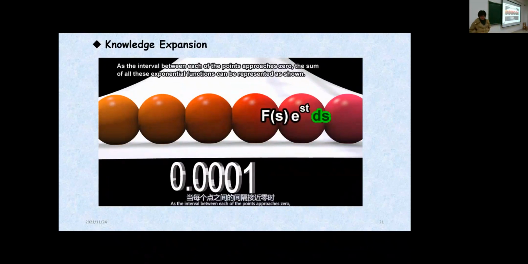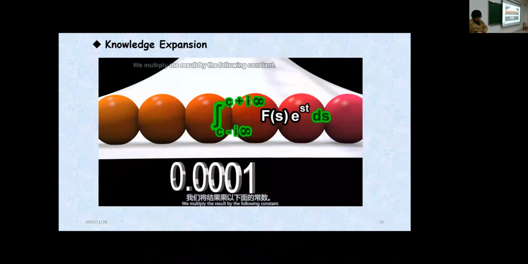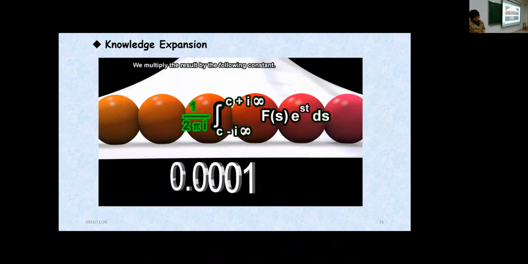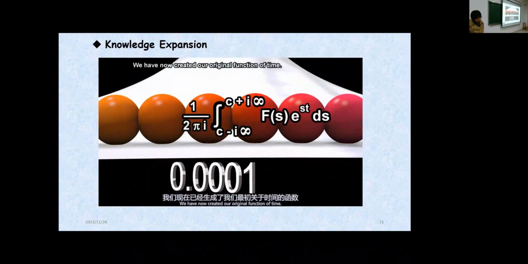As the interval between each of the points approaches 0, the sum of all these exponential functions can be represented as shown. We multiply the result by the following constant. We've now created our original function of time.